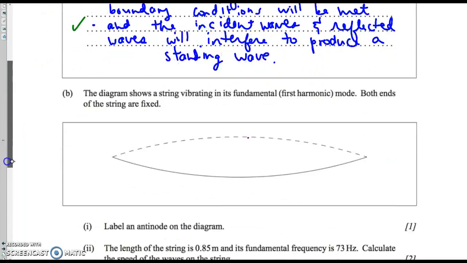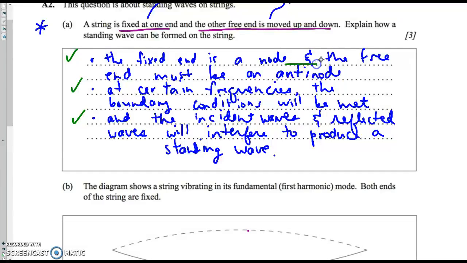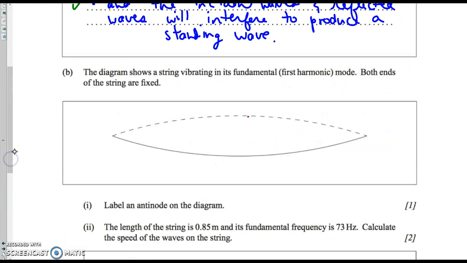The diagram shows a string vibrating in the fundamental or first harmonic. And again, we're not really going to see the word fundamental in the IB physics class. They will use the term first harmonic, not fundamental. And you probably won't see the word mode, but it's just the frequency, the first frequency, F1. Both ends are fixed. Okay, so this is not the wave that they talked about up here. Different wave.